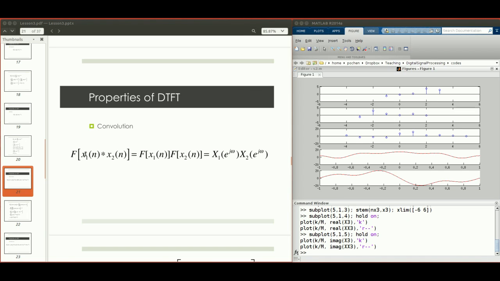And this particular formula actually gives us a different way of computing convolution, right? If you want to get the convolution of two signals, you can convert the first signal to the frequency domain, also convert the second signal to the frequency domain, and then just do a multiplication.